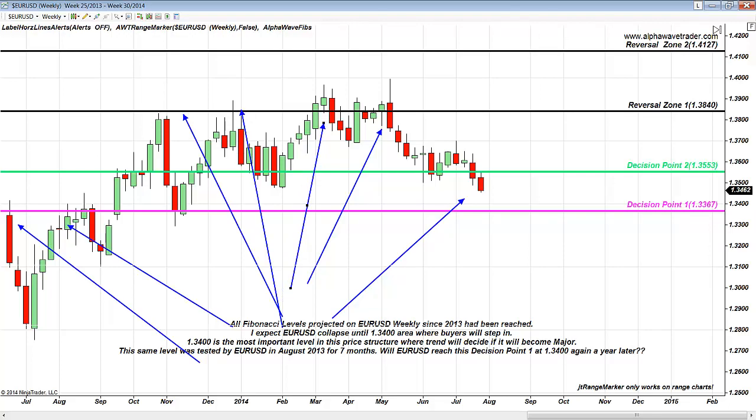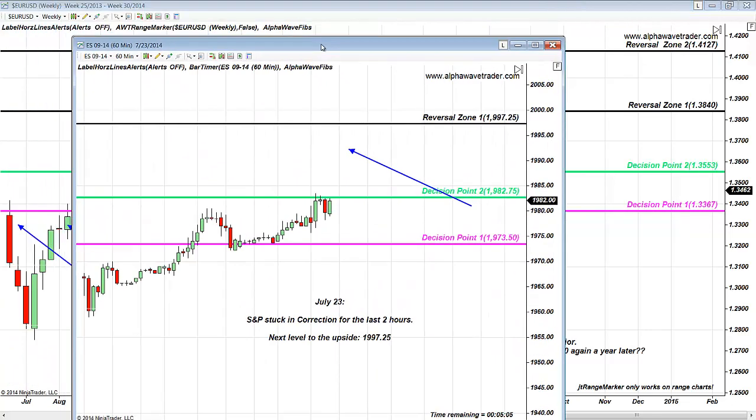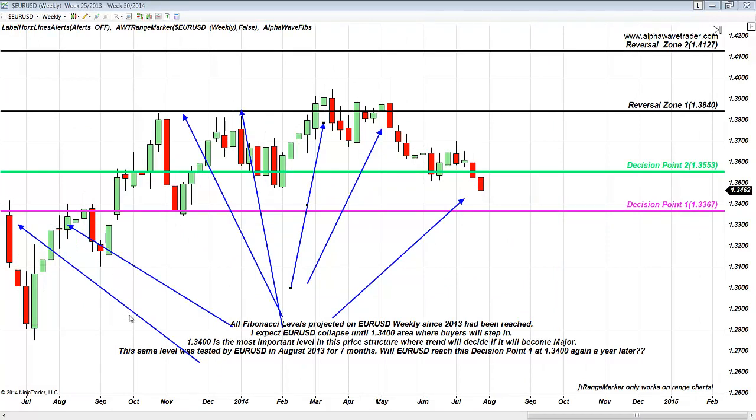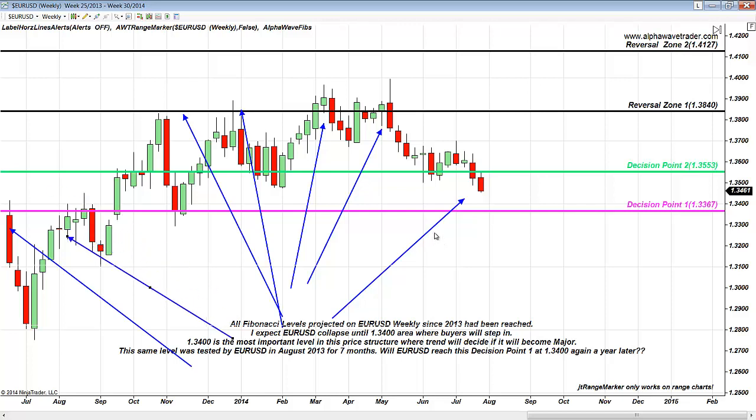It doesn't matter if it's S&P hourly that's struggling at the end of the minor trend. This is exactly the same level where Euro collapsed from in 2013 twice, and where I expect Euro to see resistance, potentially the first week in August, at 3400.